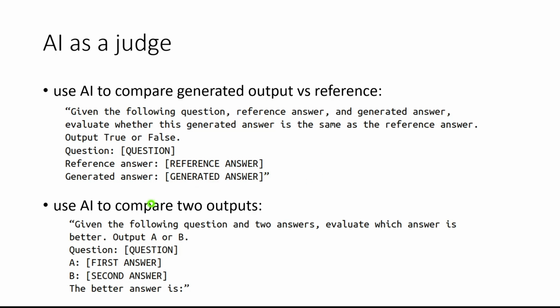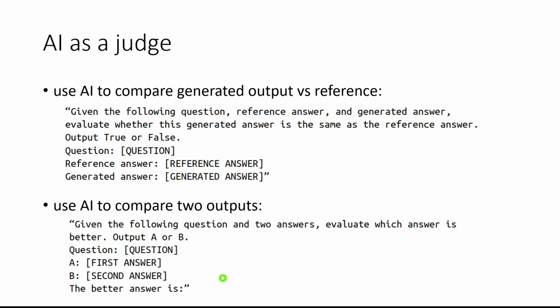We can also use the judge AI to compare two outputs. For example, if we have two outputs A and B, we can ask the AI to compare these two outputs and say which one is better. That is another way to judge the outputs generated by LLMs.